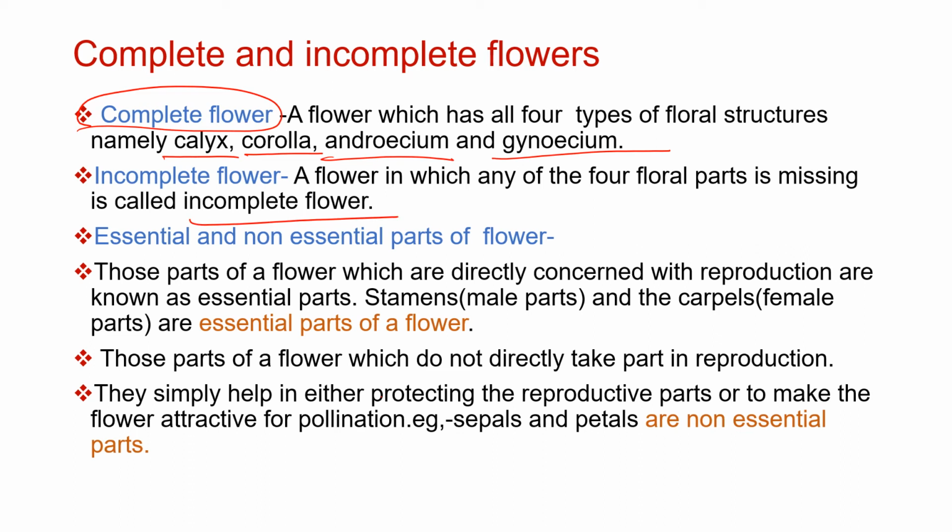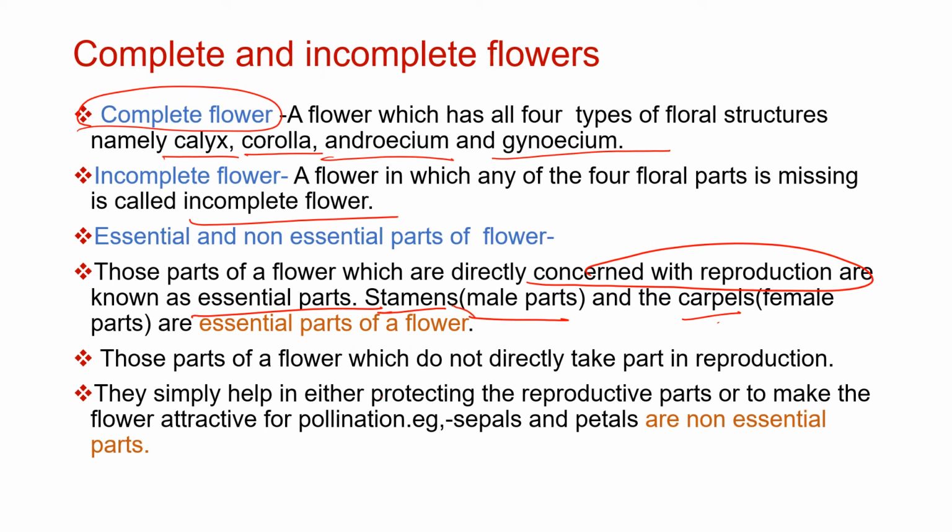And what are the essential and the non-essential parts of a flower? Those parts of a flower which are concerned with reproduction are called the essential parts. I have already told you earlier that the stamens are the male parts, having the anther and the filament, and the carpels are the female parts of the flower, having style, stigma and ovary.